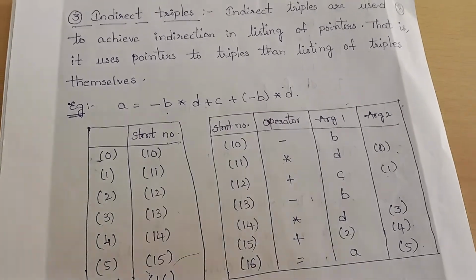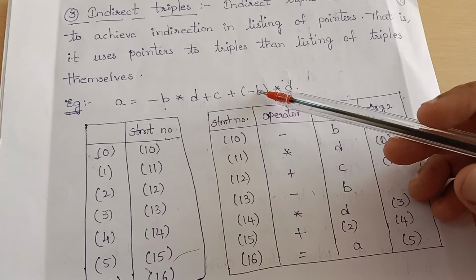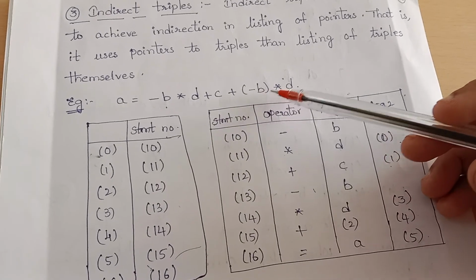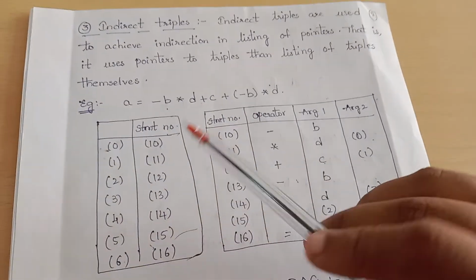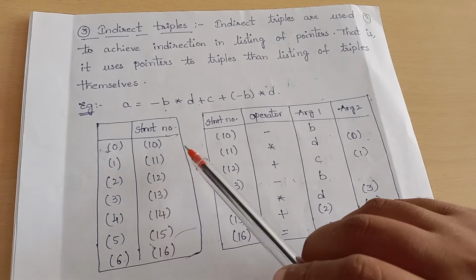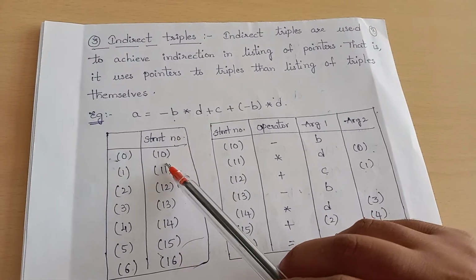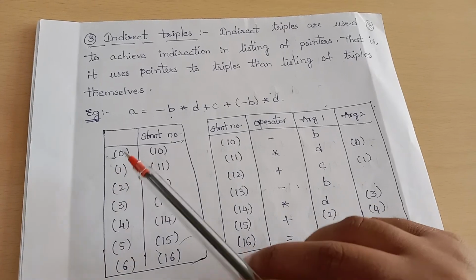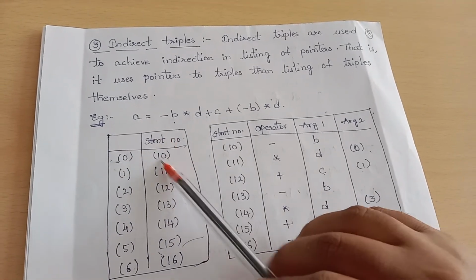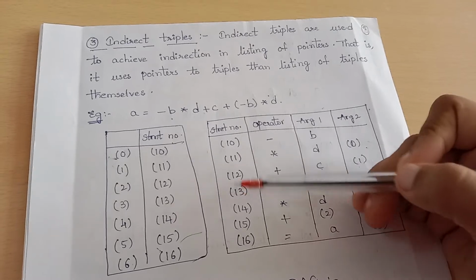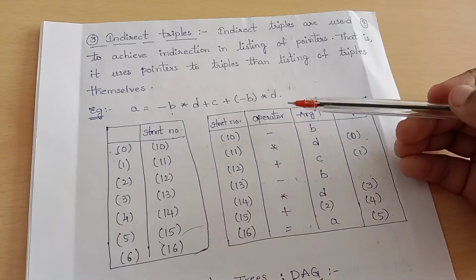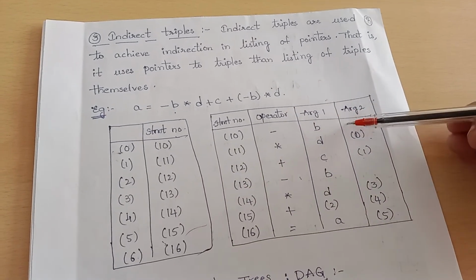Example: a is equal to minus b star d plus c plus of minus b star d. So here what we are going to do is, for some statement numbers, for some values, we are going to assign some indirect values. Those indirect values will be considered, and then the operator, argument 1 and argument 2.